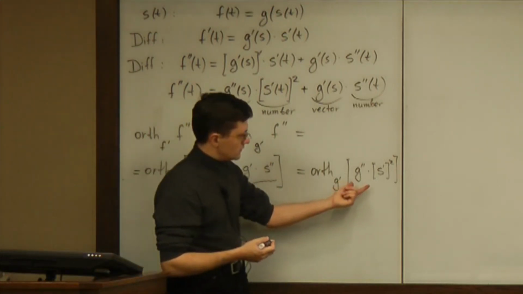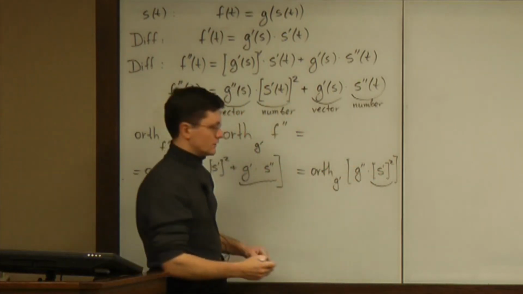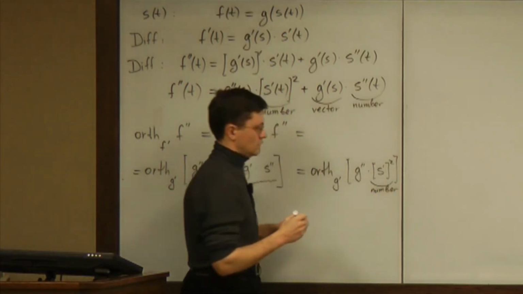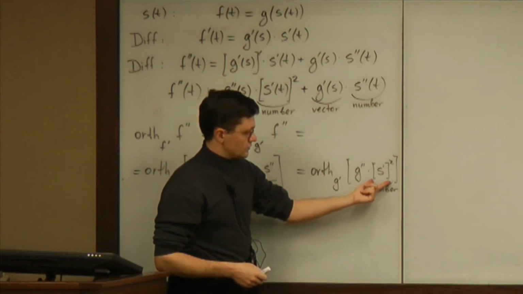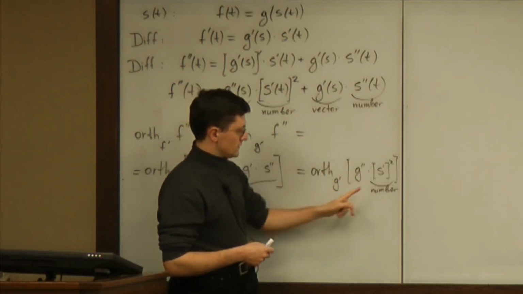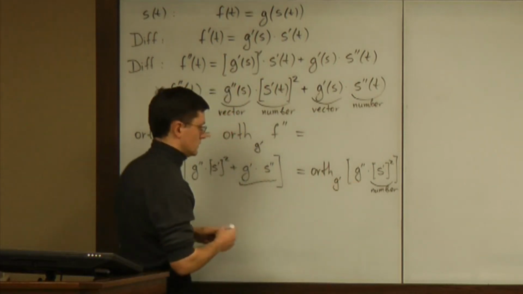And now finally I'm looking at this s prime squared. That's a number. And of course that number is just making that vector longer, and it is making the orthogonal component of that vector proportionally longer.